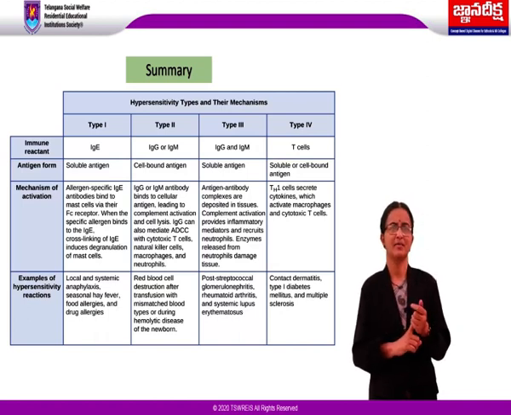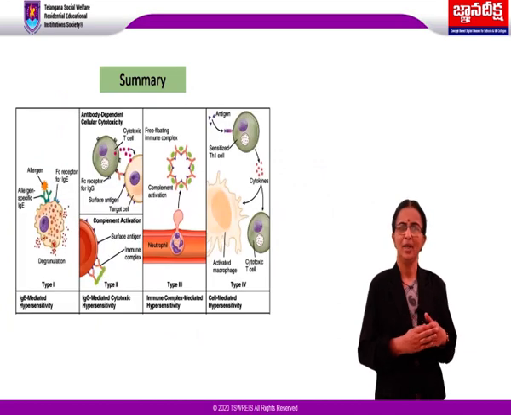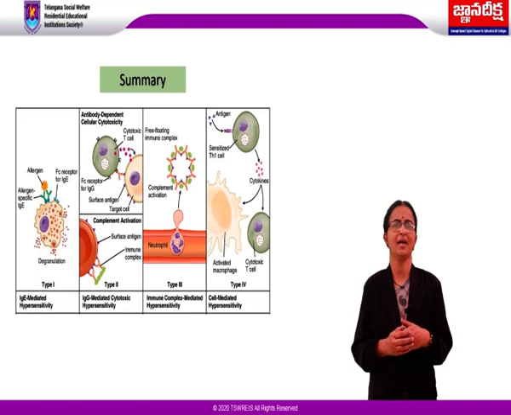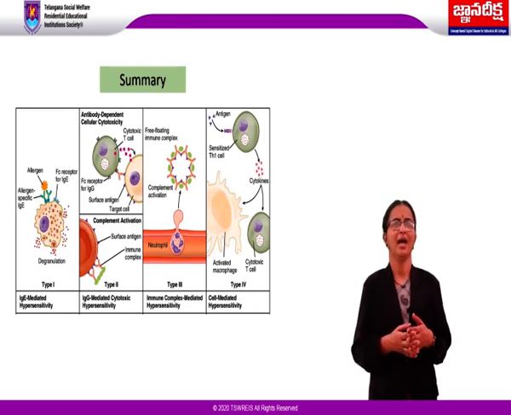Type 1 hypersensitivity is the immediate type, called anaphylaxis, and is mediated by IgE antibody. Type 2 hypersensitivity is cytotoxic and mediated by IgG and IgM antibodies and also complement. Type 3 hypersensitivity is immune complex mediated and the antibody involved is IgG.